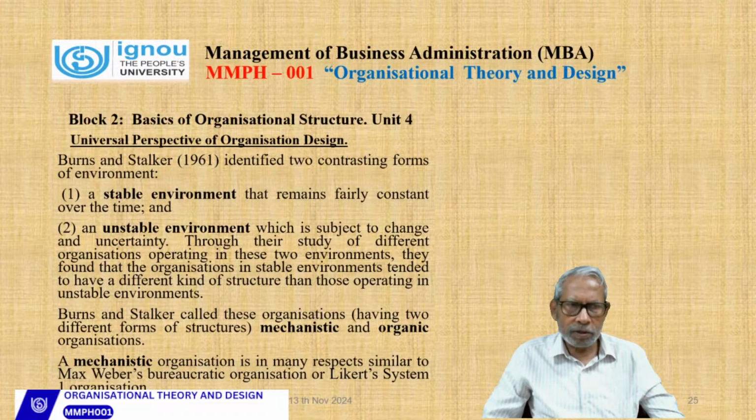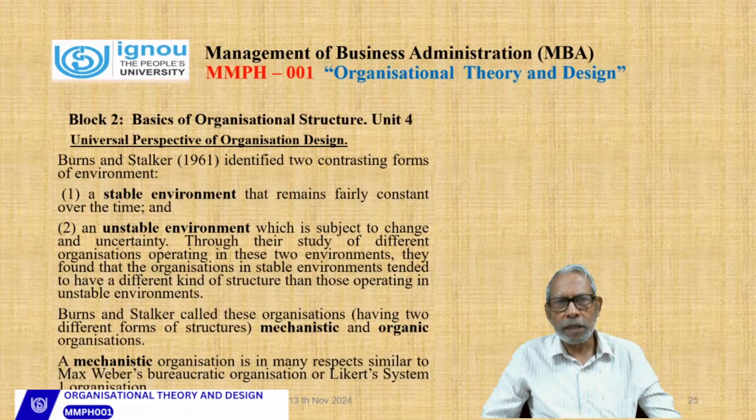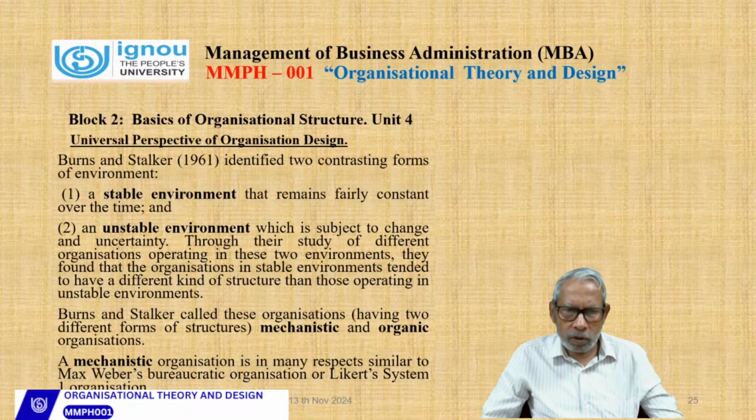Through their study of different organizations operating in these two environments, they found that organizations in stable environments tended to have a different kind of structure from those operating in unstable environments. So the structures are intended to suit the respective conditions. Burns and Stalker call these organizations as having two different forms of structures: mechanistic and organic organizations.